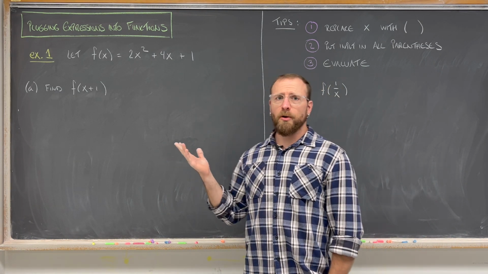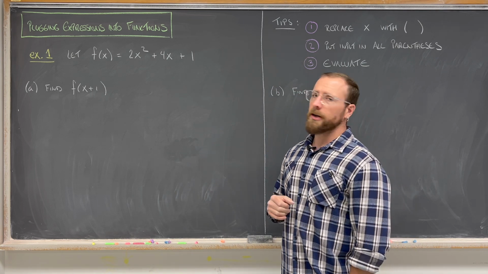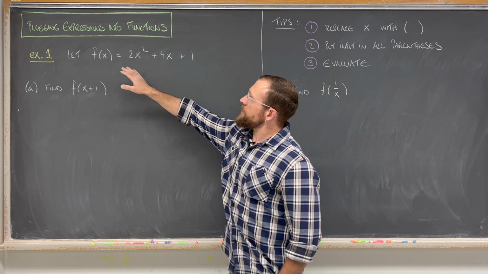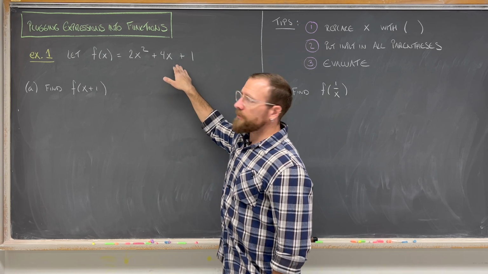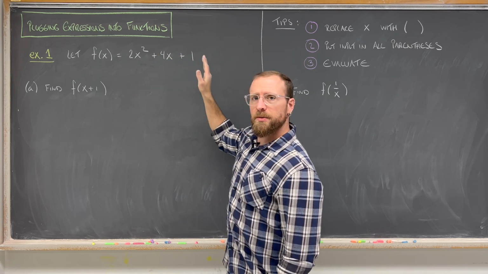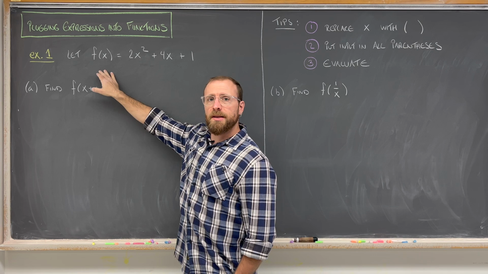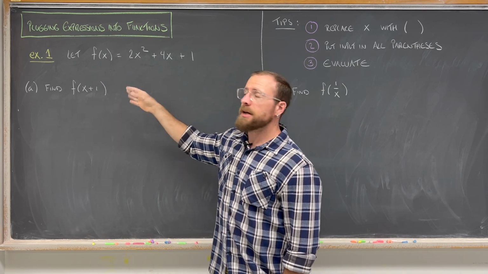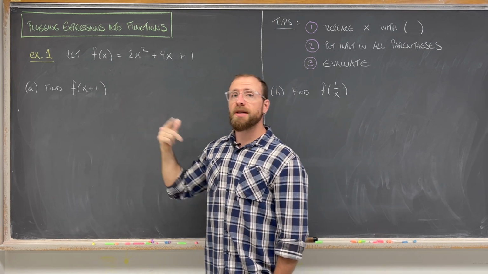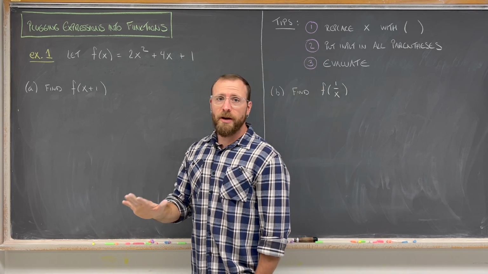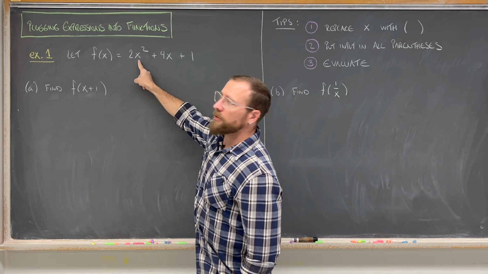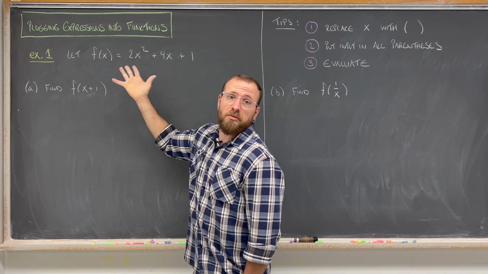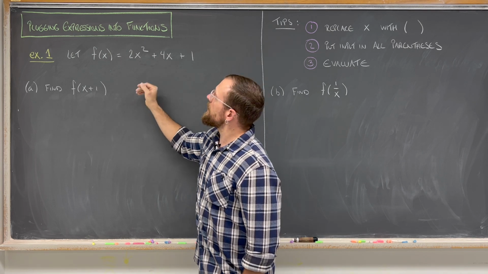All right, so let's get some more practice plugging expressions into functions. If my function f is this quadratic function, 2x squared plus 4x plus 1, it's telling me the instructions that this function follows to produce output. Whatever the input happens to be, we're referring to it as x for the moment, but we could refer to it as anything.